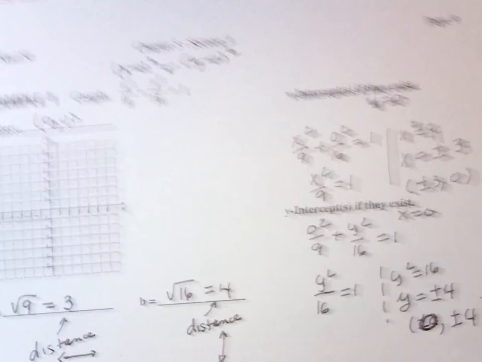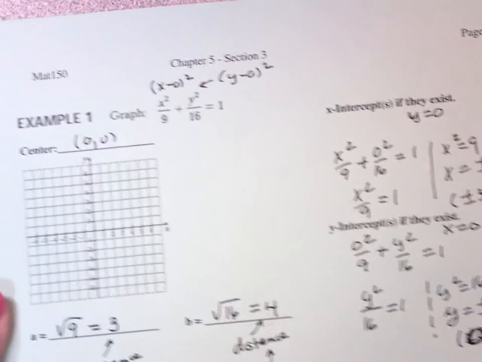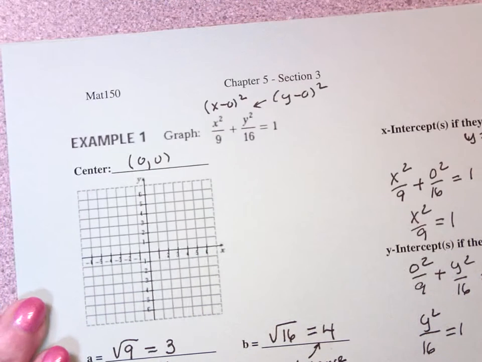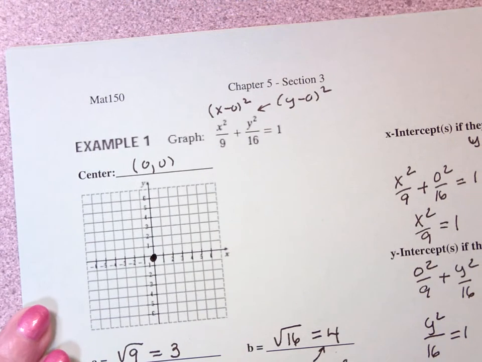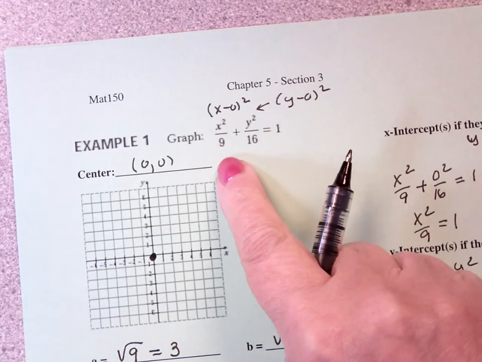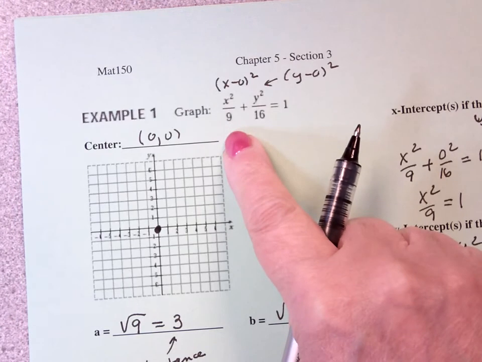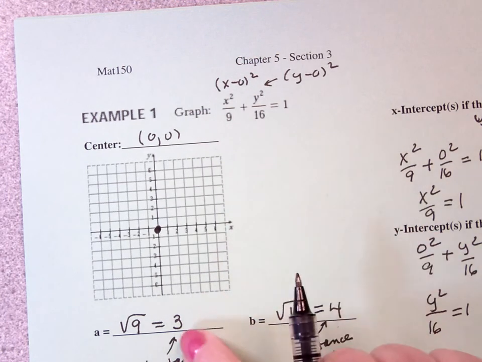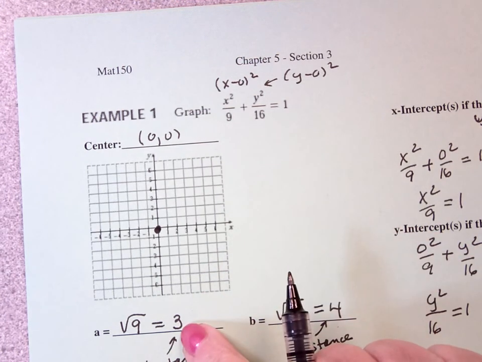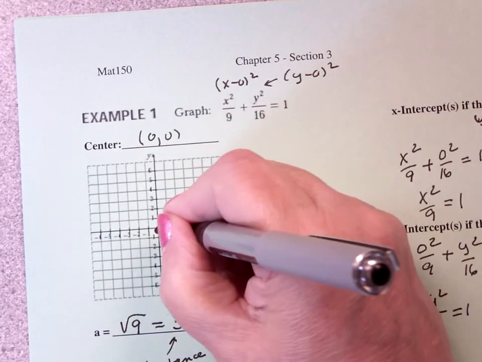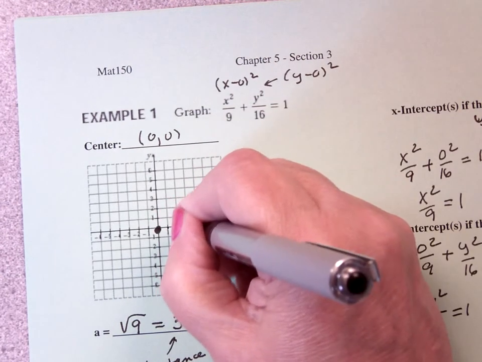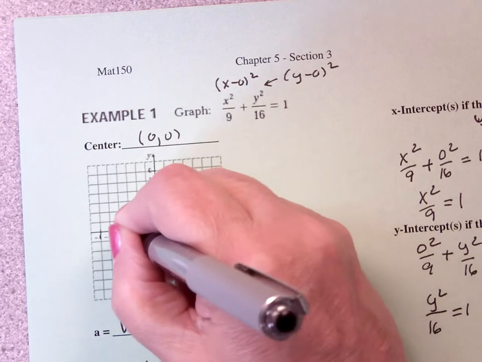So essentially, how do I do an ellipse? Well, the first thing I put in is the center. The center is at 0, 0. The 9 is under the x. So that says I am going to go 3 units to the left and right. And that's where the vertex is going to be. 1, 2, 3, 1, 2, 3.